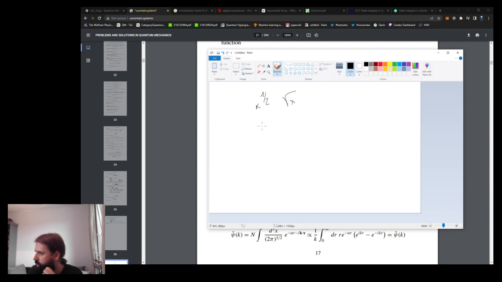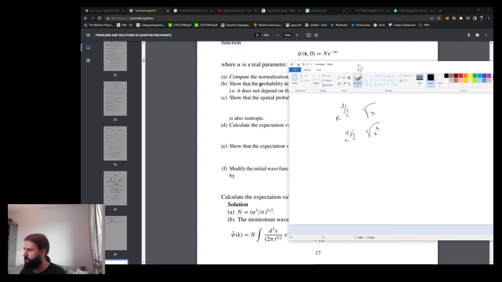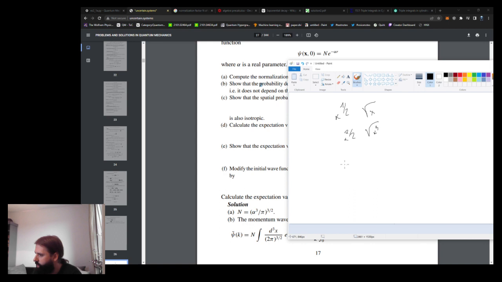So 3 divided by 2 is basically square root of x to the power 3, essentially. And so what we get here really is sort of the square root of alpha to the power 3 divided by pi, and really all these to the power 3. This is what's quite crazy.